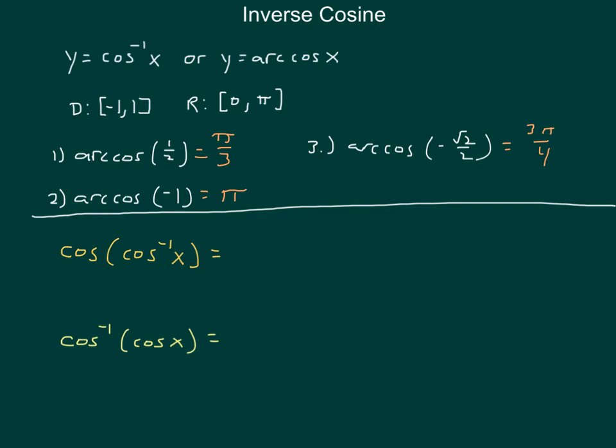Same thing is true here: in the first one, that will equal x as long as x is from negative 1 to 1. And in the second one, it will equal x as long as x is an angle from 0 to pi.